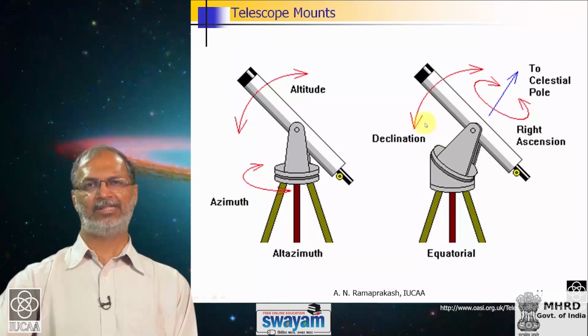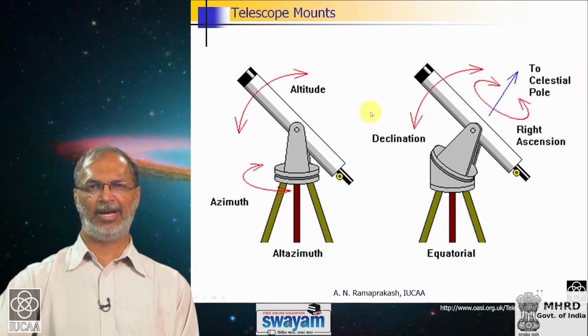There are various ways in which telescopes can be mounted. We talked about various ways in which telescopes are made in terms of optics, but that is only one part of the story. When you want to point the telescope at the sky, it is not enough to just point at a particular direction. The sky is moving.